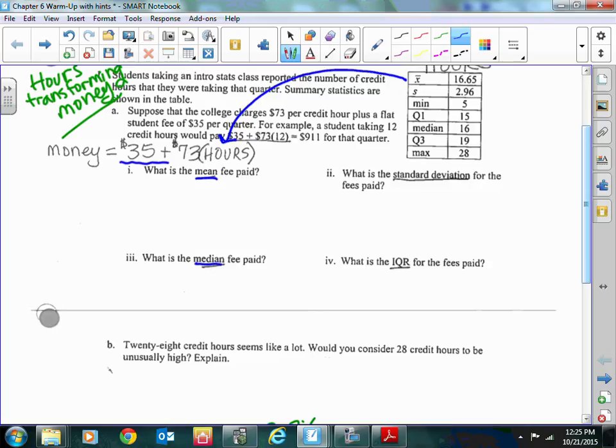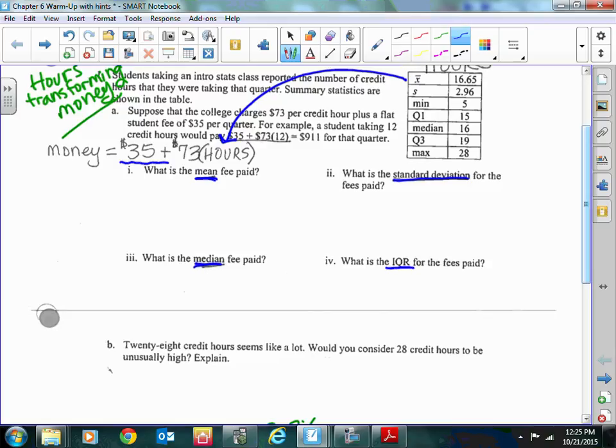Now, how about the multiplication? Multiply and divide affects them both, meaning the center is multiplied by 73, and the spread gets multiplied by 73. Does the spread get shifted 35? No. Okay? So that's what that problem's about.